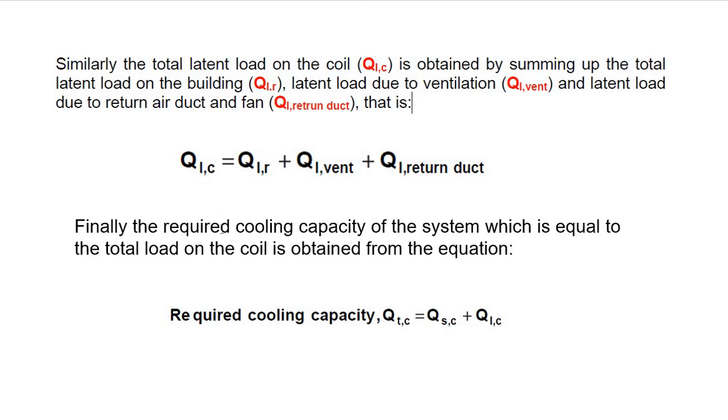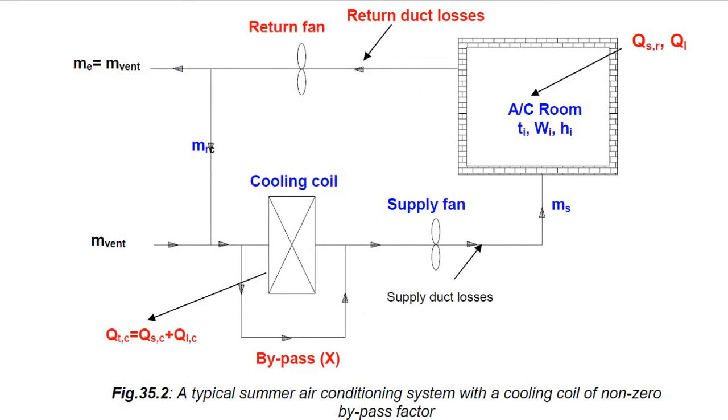Finally, the total cooling capacity of the cooling coil is equal to total sensible load on the cooling coil plus total latent load on the cooling coil. This is the required cooling capacity of the cooling coil. So we are designing the required cooling capacity of the cooling coil using QTC equal to QSC plus QLC, the total sensible load on the cooling coil plus total latent load on the cooling coil.